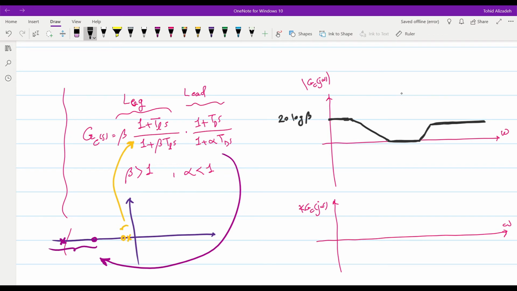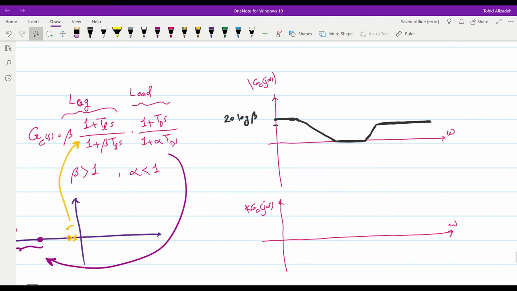The exact value of the final amplitude could be obtained easily by taking the limit of the amplitude of GC j omega when omega goes towards infinity, and I think that's quite straightforward.